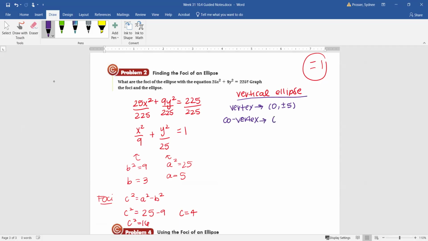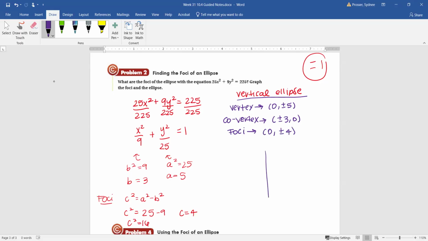So they're going to be at plus or minus 3, 0. And then my foci are going to be along that major axis, with the vertices. So they're going to be at 0, plus or minus 4.